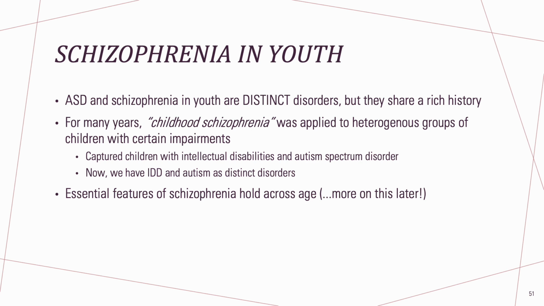So again, they're distinct disorders, but there's some overlap that's important to talk about, because it's not uncommon that you see people with autism also demonstrating more psychotic symptoms that might look like schizophrenia. So again, separate disorders, and in fact, when we look at schizophrenia, we know that the essential features of the disorder hold across age. It doesn't matter whether you're an adult or a child, we still see those hallmark features.